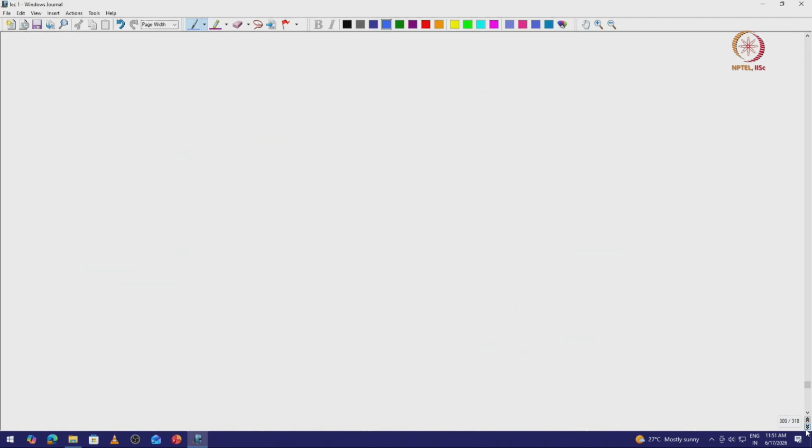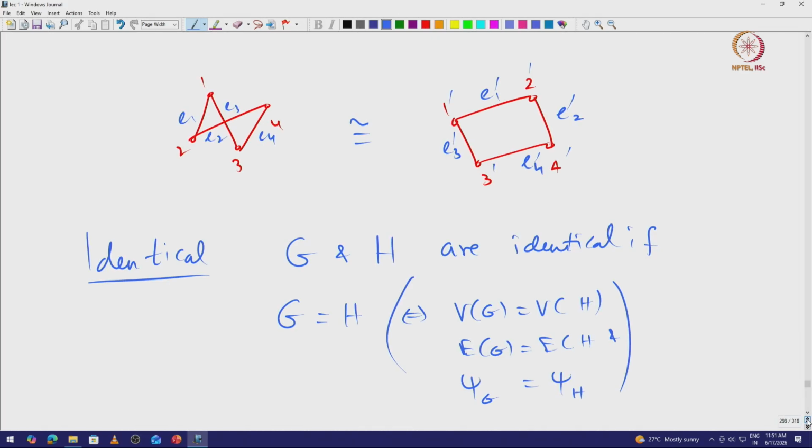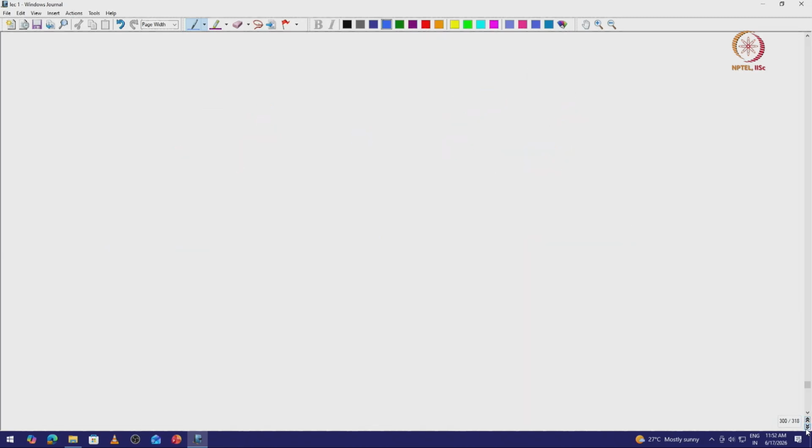So, now what is an isomorphism? We want to call two graphs isomorphic when only the labelings differ and the adjacency is preserved. So, basically we need bijections between the vertex sets and edge sets, so that the adjacency in the first graph is preserved when you apply the map, in the other graph. Let us make it very precise.